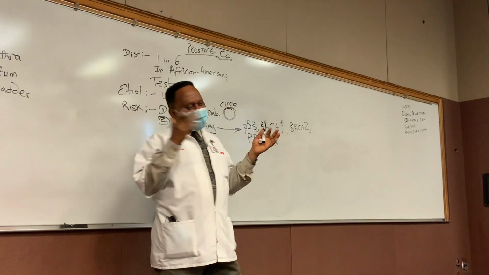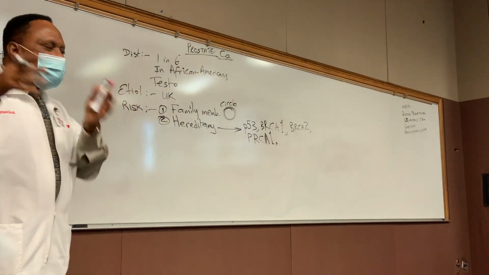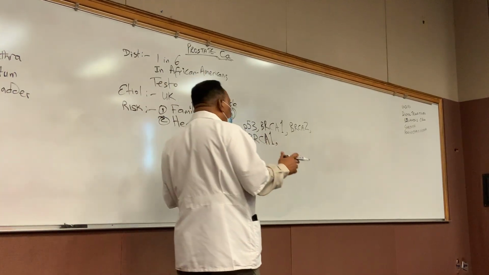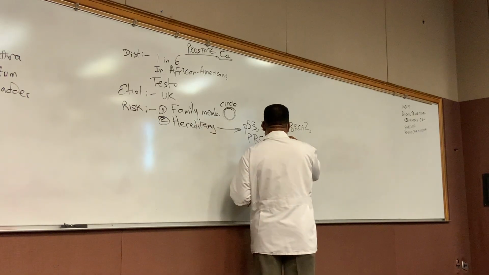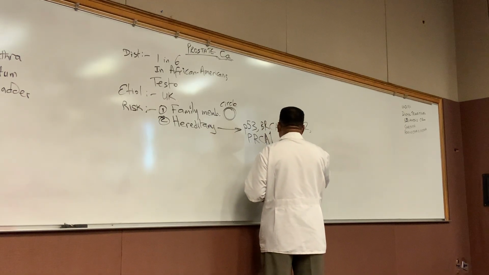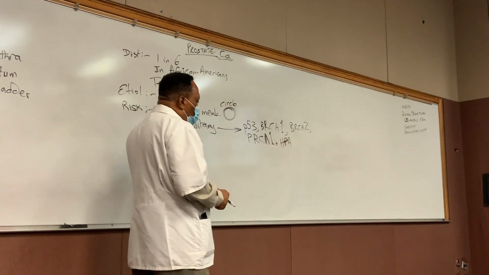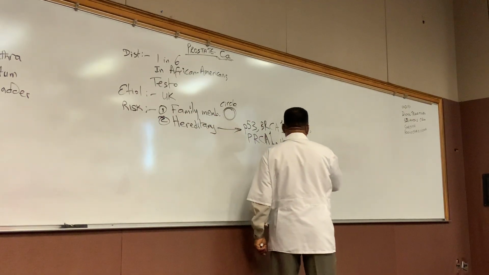There's also one that is referred to as human prostate antigen, HPA. So HPA is also a suppressor gene, and that can also elevate one's chances of getting prostate cancer.